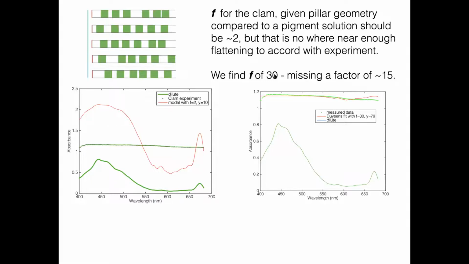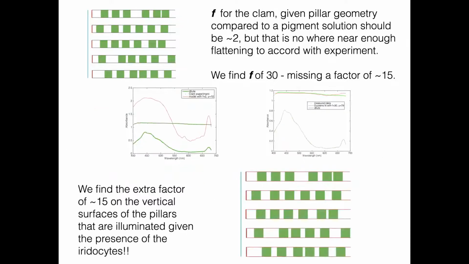In fact, we need an F of 30 to get a really nice fit between the clam's constituent pigments and that beautiful flat albedo we find for the clam. So we're missing a factor of 15 in area, in sort of red area here, to come up with the difference between our solution of pigments and our clam flat absorbance.